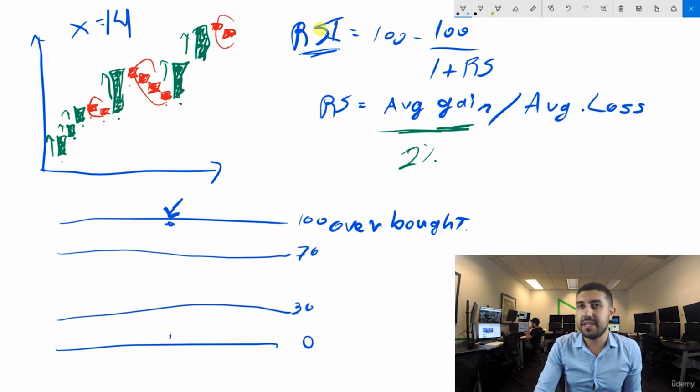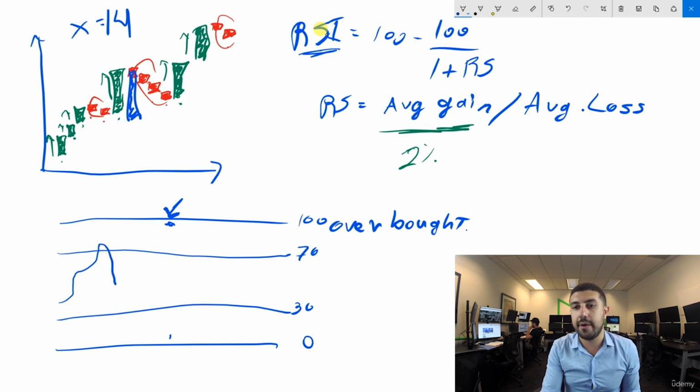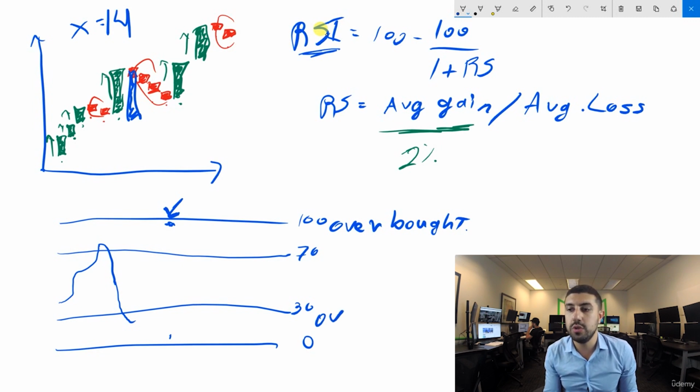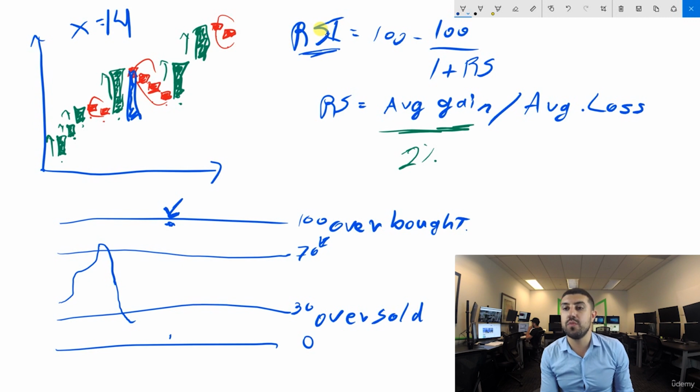And again, the RSI is going to fluctuate with time. It's sometimes going to go higher as green candles get bigger, and if red candles get bigger, then it might fall down. So they're going to fluctuate. And the rule of thumb is if it's below 30, it means that it's oversold, and if it's over 70, it's going to be overbought.